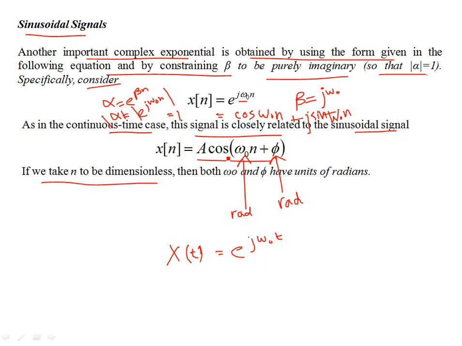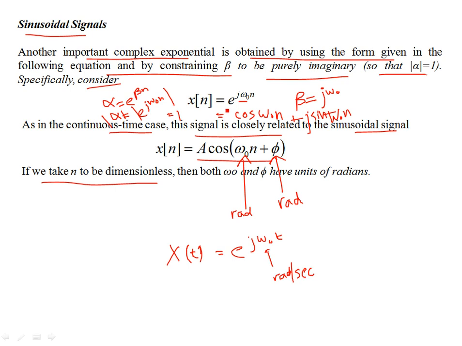Why? Because it consists of cosines and sines, and this omega naught is in radians per second. That's another difference. So you see, the analogy cannot be derived in almost the same manner as we did for continuous time exponential signals. The discrete time sinusoidal signals or complex exponential sequences.